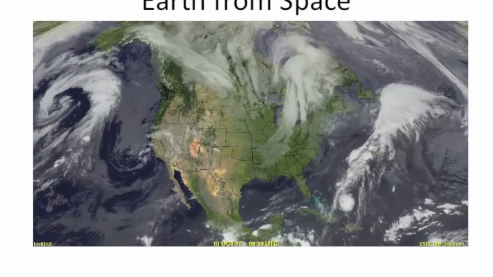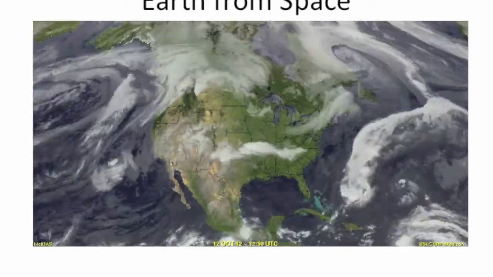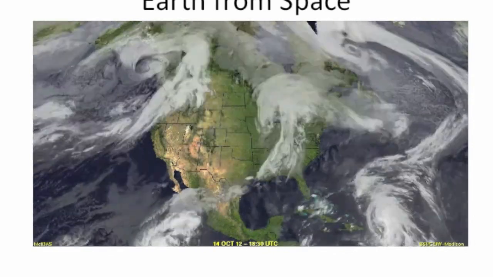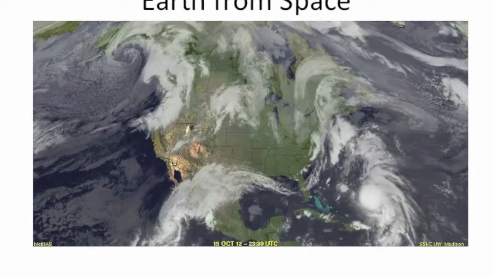Okay, students viewed this animation of satellite composited cloud patterns, and they had already been exposed to the concepts of air masses and fronts and station models in lessons that just slightly preceded this lesson.